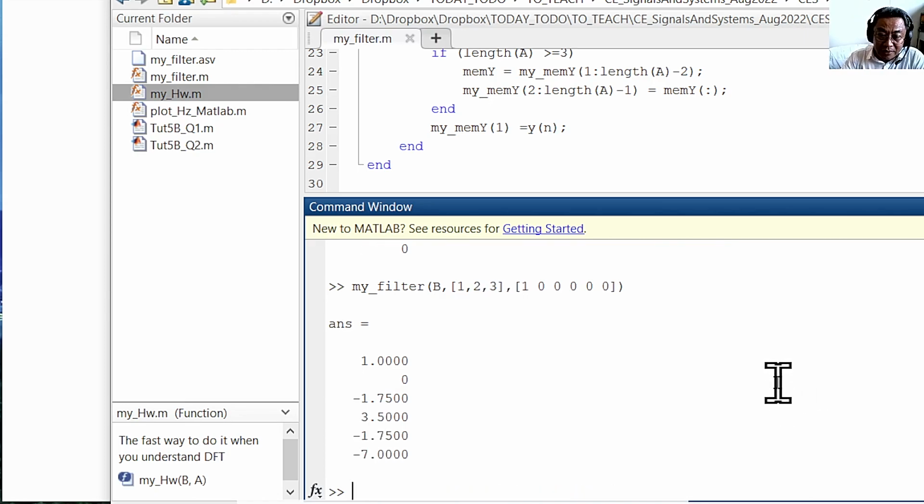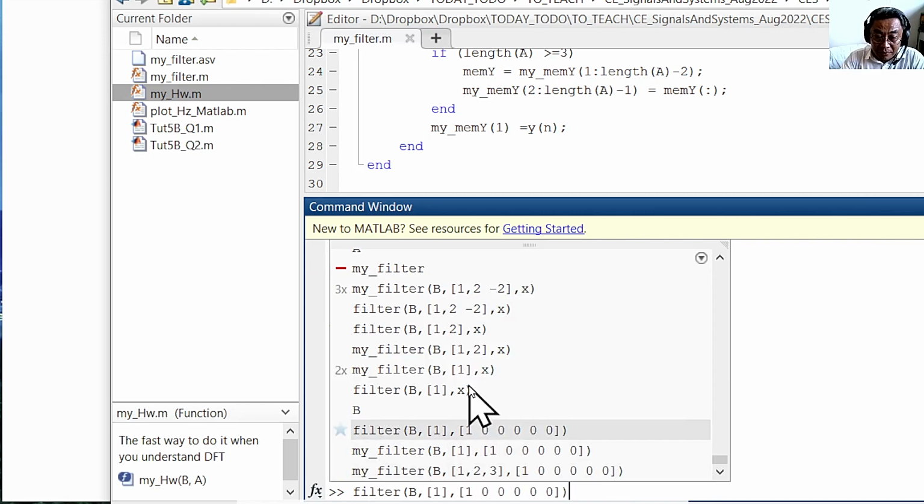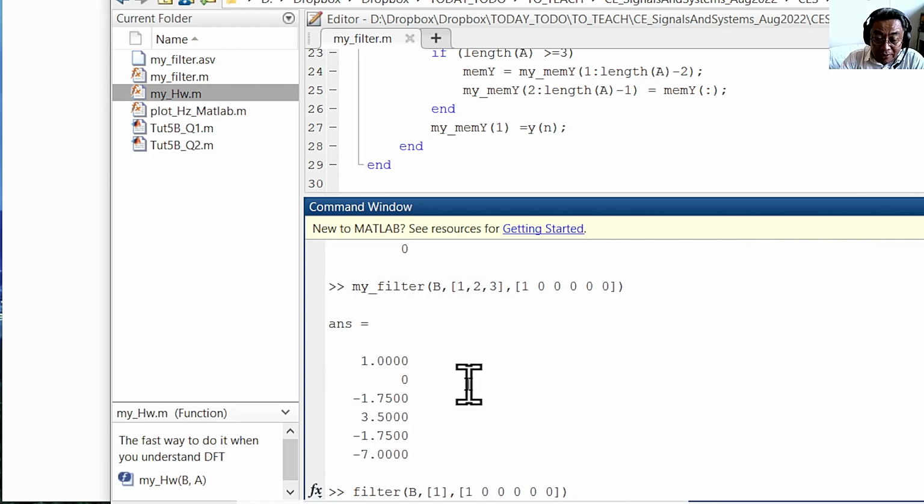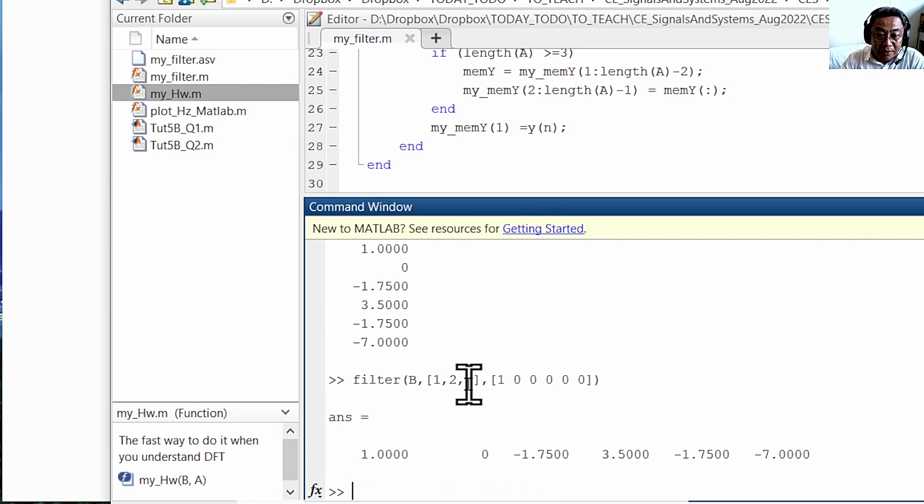And let's see, this is my answer. And what about this one? If the answer is the same, 1, 0, minus 1.75, 3.5, minus 1.75, minus 7, then it shows that my filter is doing exactly what MATLAB's filter is doing.